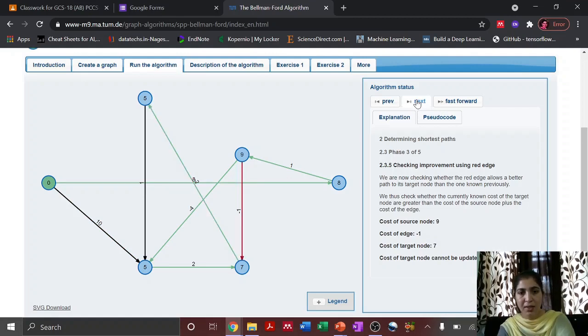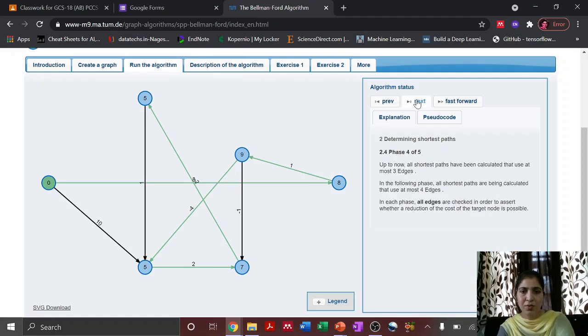Then 9 minus 1, 8, no updation. Then 8 plus 1, 9, no updation. Then 9 minus 4, 5, no updation. And this is the last edge, 5 plus 1, 6, no updation. So in this phase we did not update any edges.